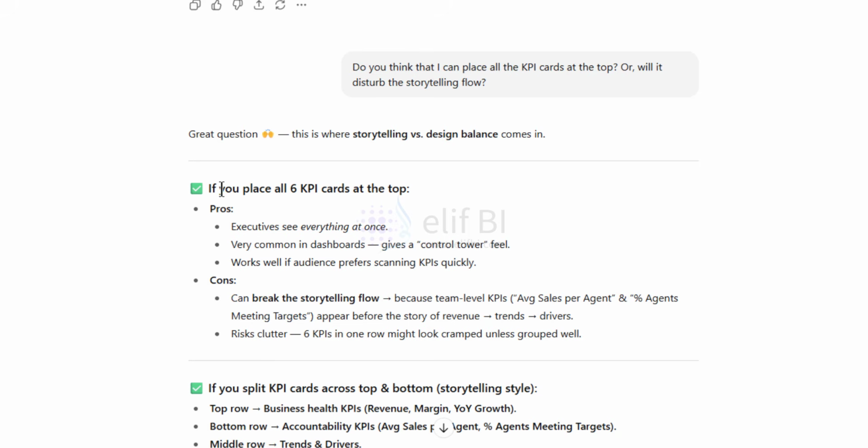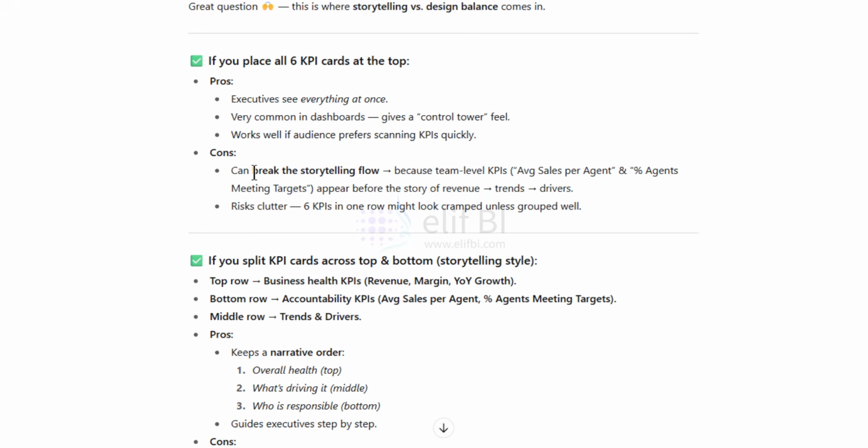So it replies back to me that if I place all the 6 KPI cards at the top, there would be some pros, which is that the executives see everything at once. But the interesting part for me was the cons, like it can break the storytelling flow, because the team level KPIs would be appearing before the story of revenue, trends, and drivers. And this is something which I really agreed with, that it would break the storytelling flow.